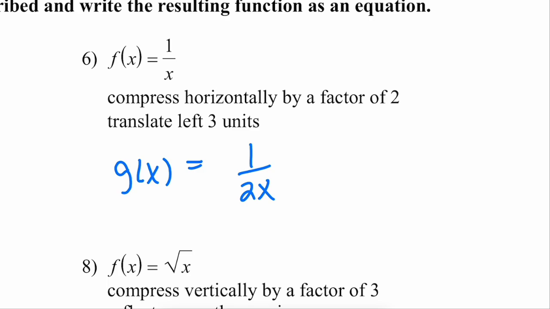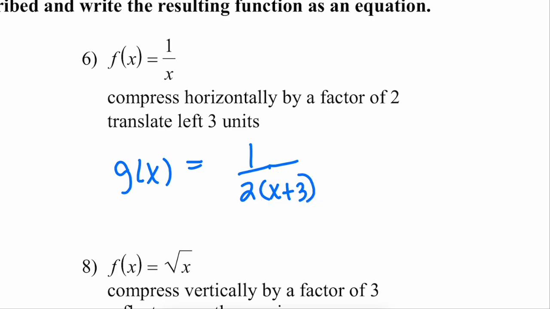Now, we need to translate it left. So now I'm going to take out my x. I'm going to put a little parenthesis there to hold it, that I need to move it left, so I need to add 3. So the 2 here is going to touch the x, and technically it would distribute, but that's okay. The x plus 3 is going to move it left.